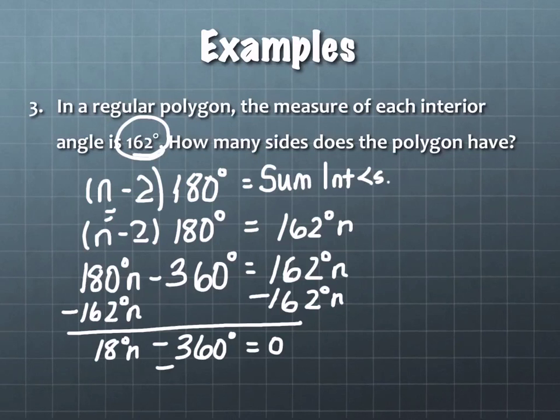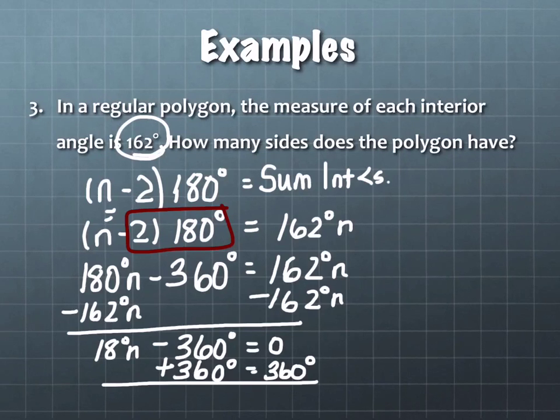Then I need to move the constant to the right. Where did you get the 360 from? 180 times 2, right here. So now I have 18 degrees n equals 360.